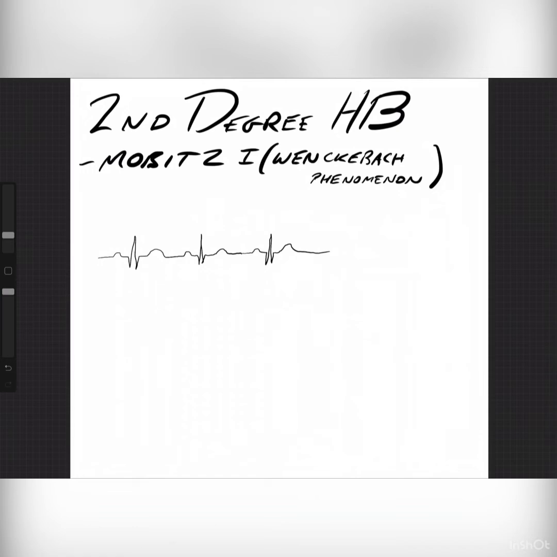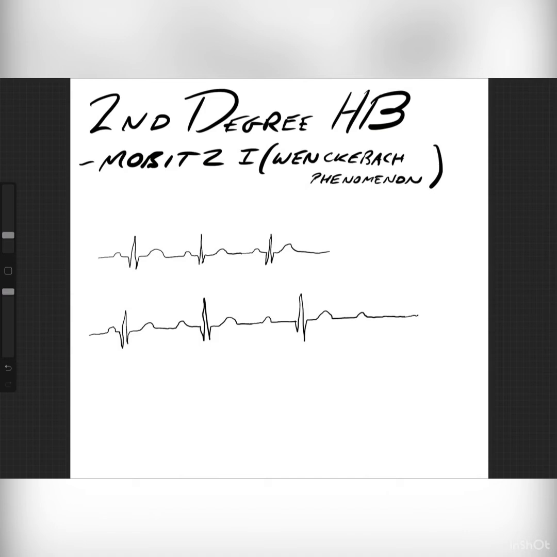With Mobitz type 1 block, what we get is a normal PR interval, then a PR interval that's slightly longer, then the PR interval is longer again, until finally the P wave does not conduct at all.